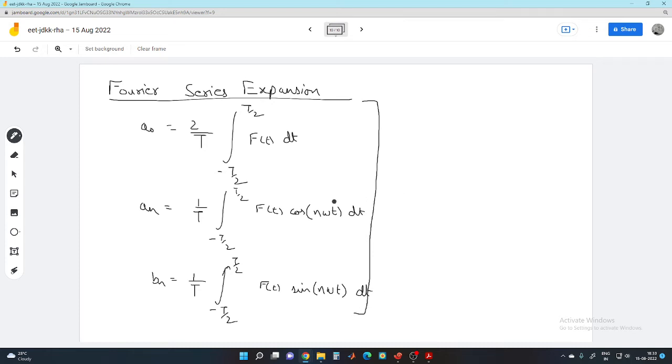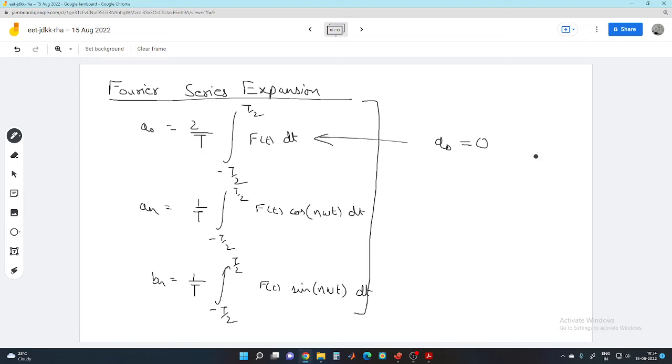These three things can be used to finally get the values, the solution. So usually in a harmonic forcing, the a naught value comes out to be 0, or wherever it is present, it will just shift the mean position.